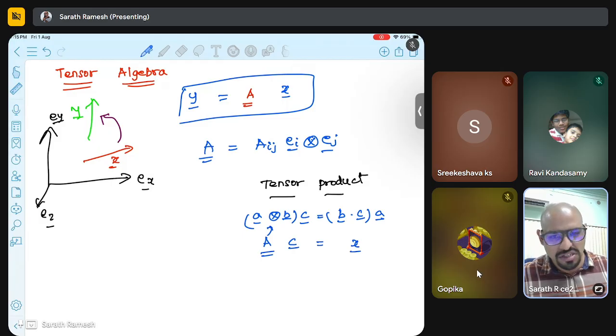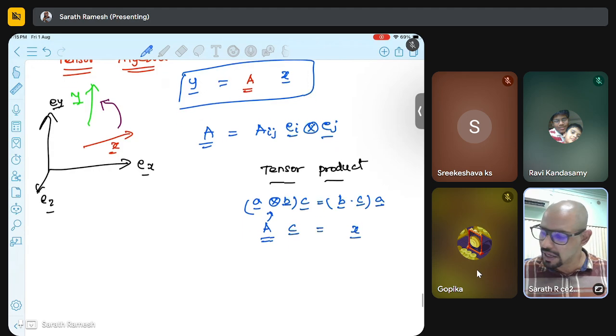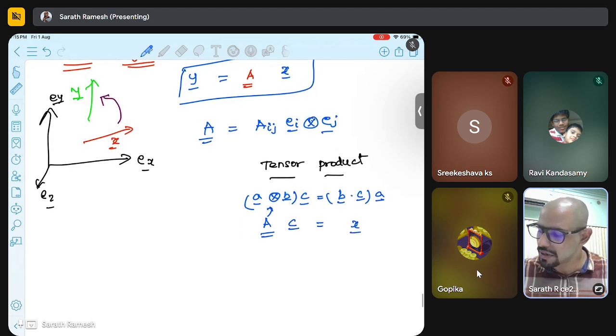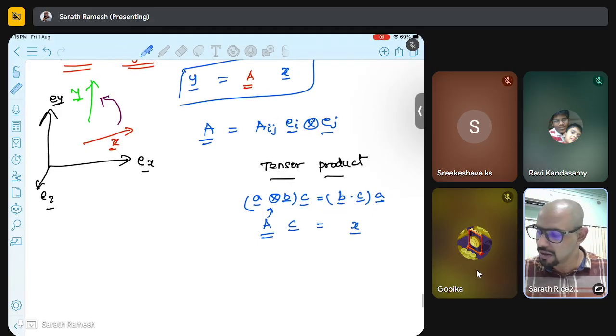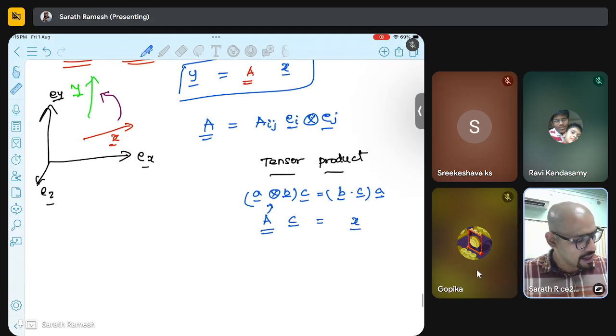On the left-hand side, the tensor product of a and b is a tensor, and c is a vector. So A c equals x. This is the tensor product between a and b. This A is a second order tensor.